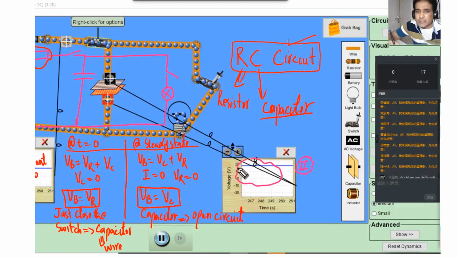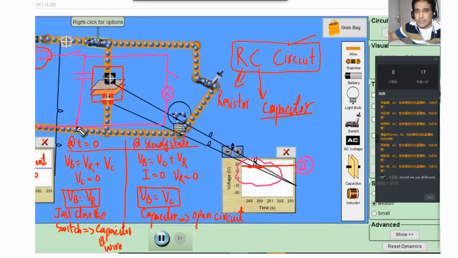Why is this line horizontal? With time the voltage is not changing, because the voltage across this capacitor is now equal to the voltage across this power supply. So the voltage is constant, just a horizontal line, and I is equal to 0. So this is one thing about charging a capacitor.